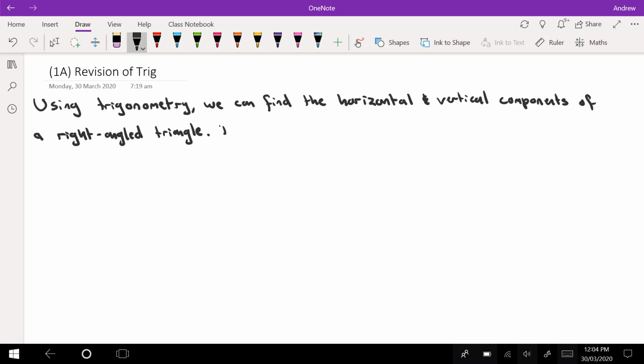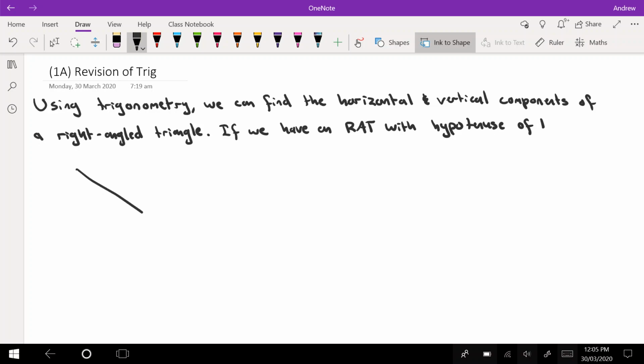Let's say if we have an RAT, again, right-angled triangle, with hypotenuse of 1. So now I'm going to draw an example of a right-angled triangle.